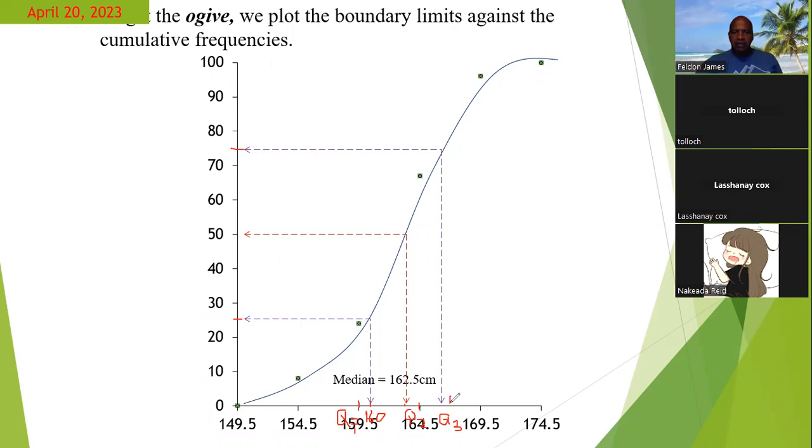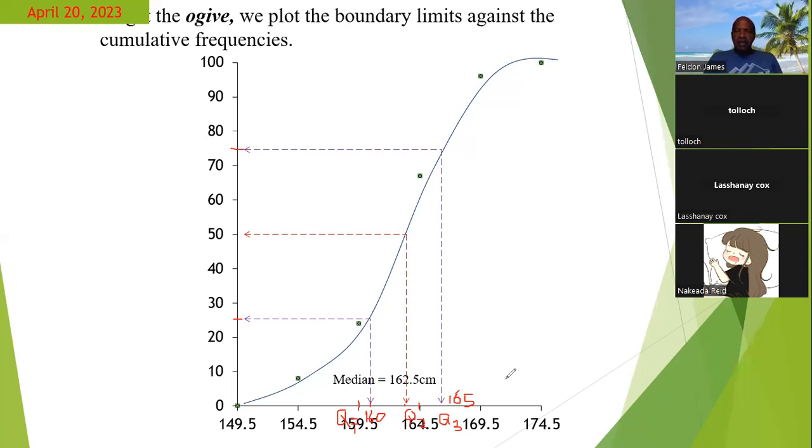So we have 165 for Q3. In terms of the quartile values, Q1 would be about 160, and Q2 would be the median, which is 162.5, and Q3 would be approximately 165. And those will give you your quartile values.